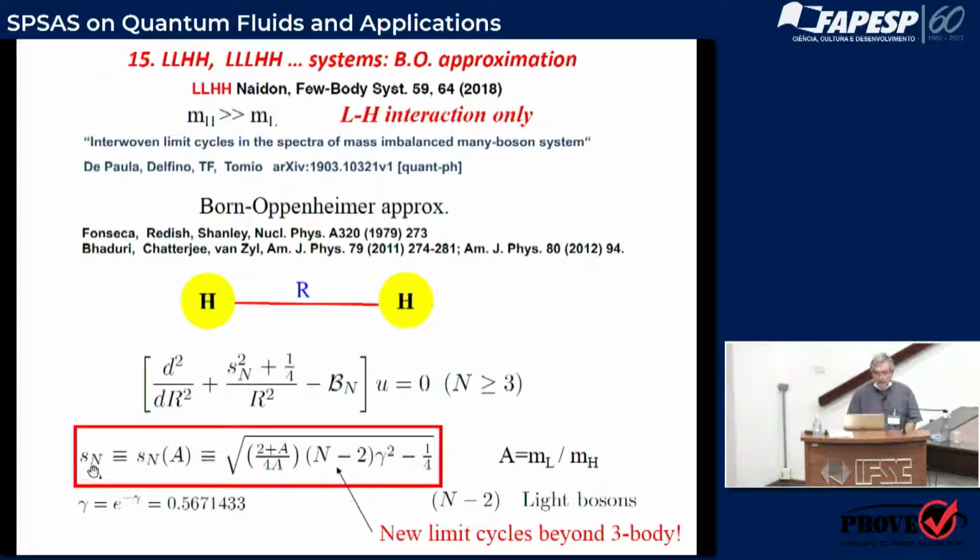And this factor here that people would say is the Efimov factor, no, it's not. It depends on the number of particles, and even if you have angular momentum between these guys. So therefore, for any new particle you add, any new boson you add to this system, you have a new limit cycle.